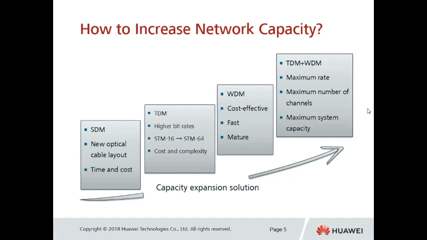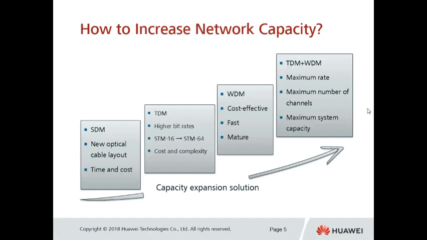For our transmission network, we also have the same problem, how to increase the network capacity, okay? And we already found a lot of different solutions for this problem. A few years ago, we used the first solution, that is SDM, space division multiplexing. What is space division multiplexing? If the network capacity is not enough, we will buy a lot of equipment and install a lot of new fibers to connect two stations, connect two different places.